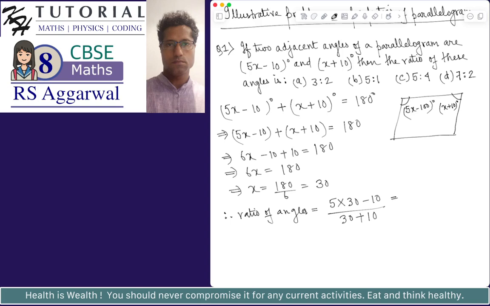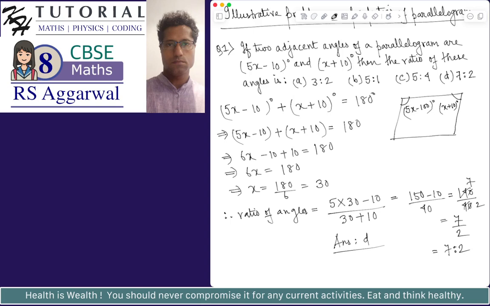This is equal to 150 minus 10 divided by 40. This is equal to 140 by 40. So 0 cancels out, 7 by 2. So this is equal to 7 is to 2. So the correct choice is D.